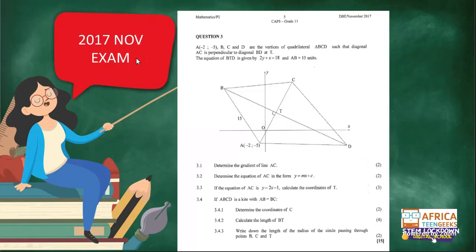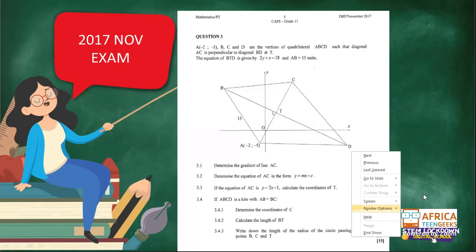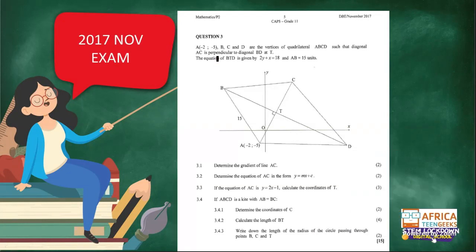Okay, this is the problem we were doing yesterday. From the question, we highlighted important points such as AC being perpendicular to BD.